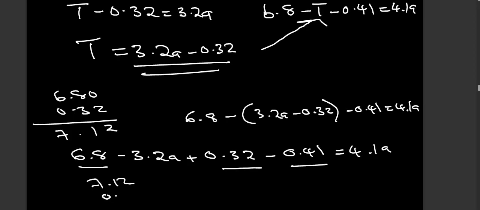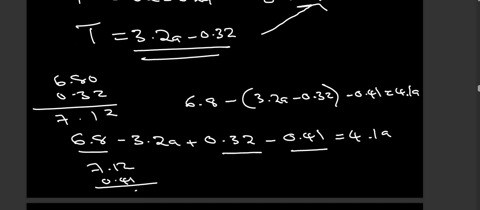Then minus 0.41, we borrow 1 there, that's going to be 11. 11 minus 4 is going to be a 7, so this is 6.71.